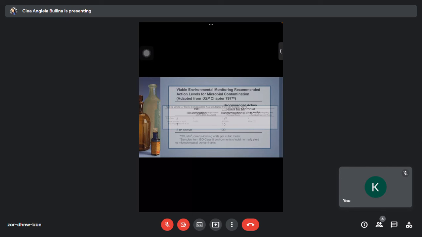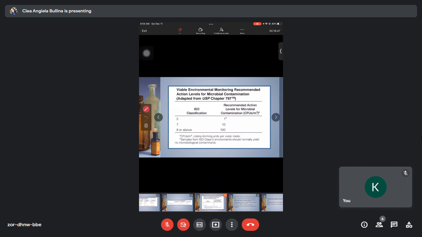I believe you are already familiar with CFUs, colony forming units, because you have had microbiology in third year. It's written down below, CFU per cubic meter, colony forming units per cubic meter. This one, there.